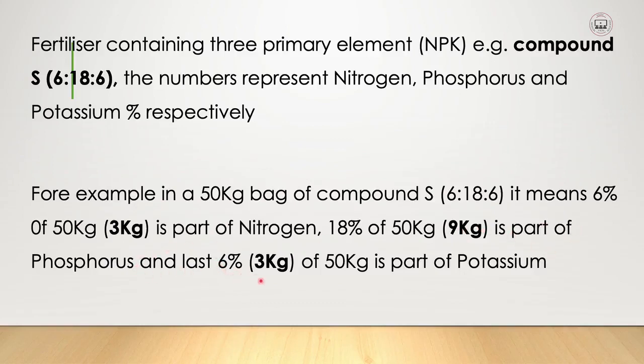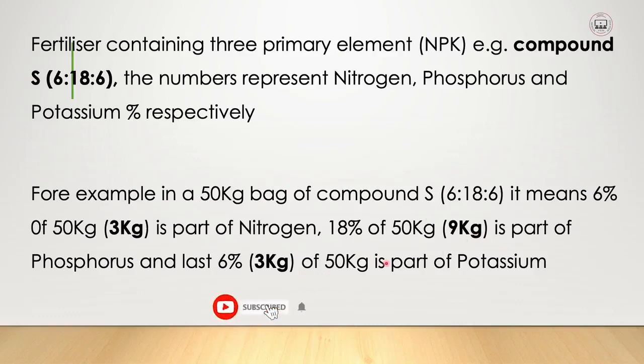And the last 6%, which is 3 kg of the 50 kg, is part of potassium. So it means in a 50 kg bag, according to this example of compound S, 6-18-6, you only have 3 kg nitrogen, 9 kg phosphorus, and 3 kg potassium.